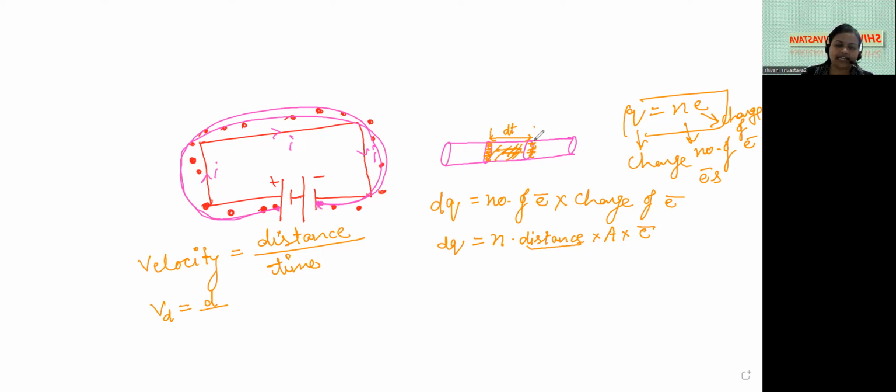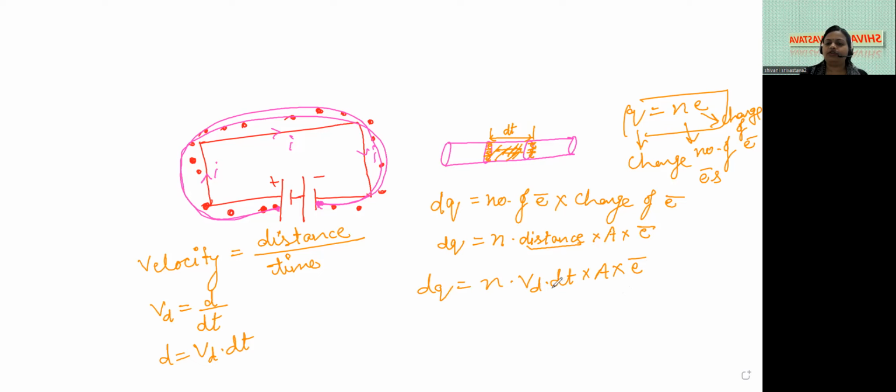That is why we took dt, right? So this distance will be Vd into dt. Can we put it over here? Of course we'll put. Okay, so dq is equal to n into Vd into dt into area of cross section into charge of electron.